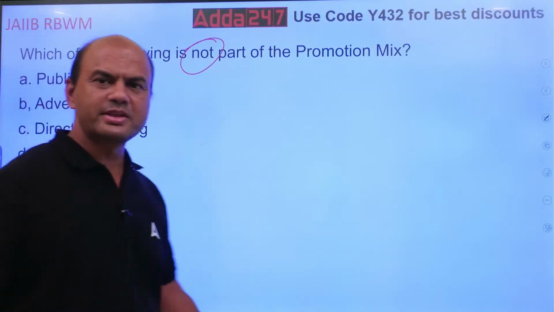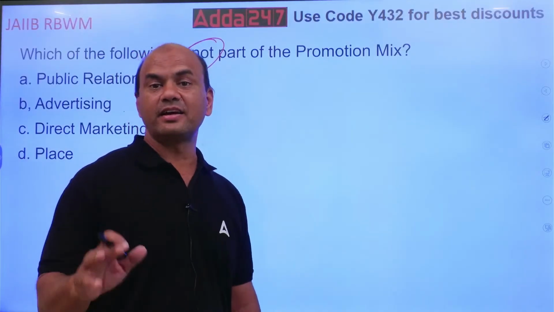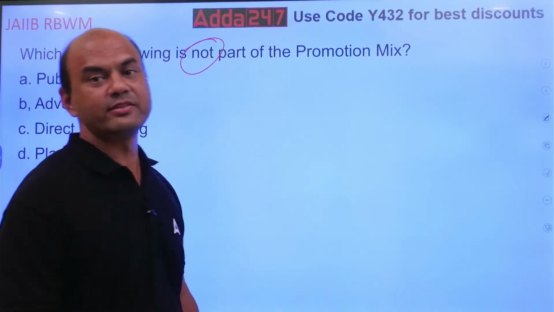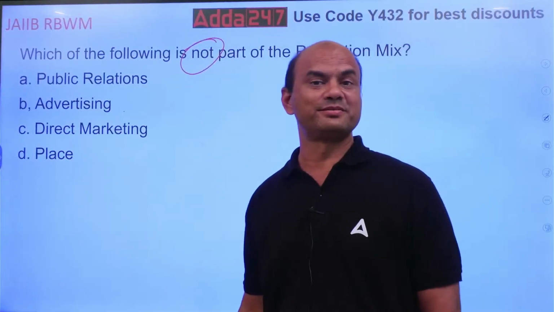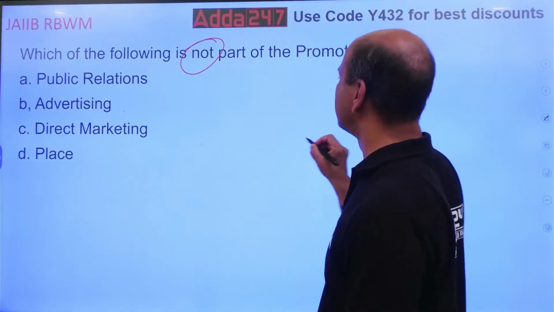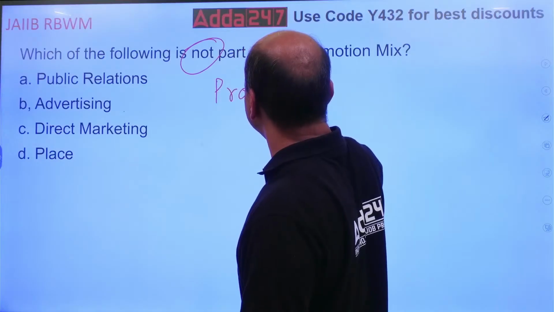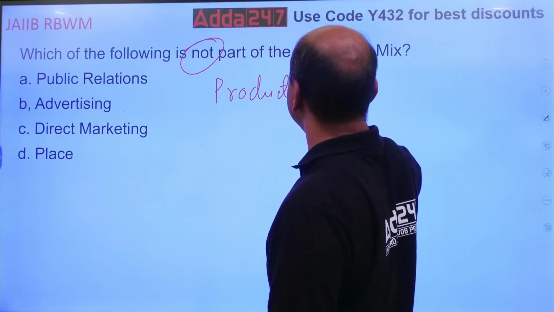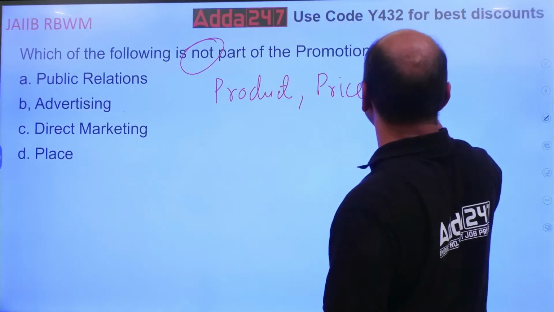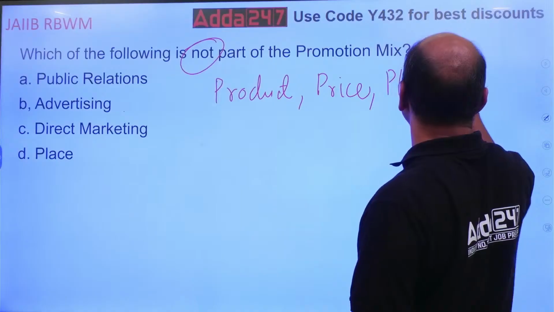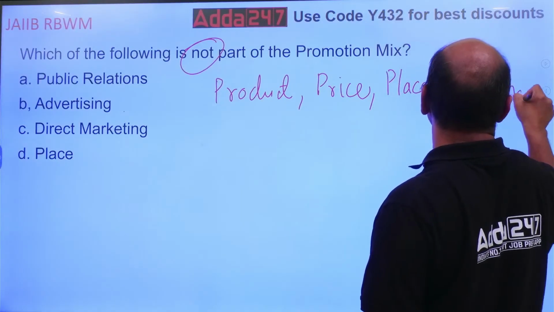Firstly, what is promotion mix? There are 7 P's in banking. In those 7 P's, this promotion comes. What are the 7 P's? Product, price, place, promotion. These are the 4 P's mainly of product.